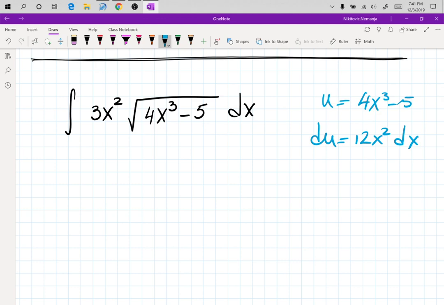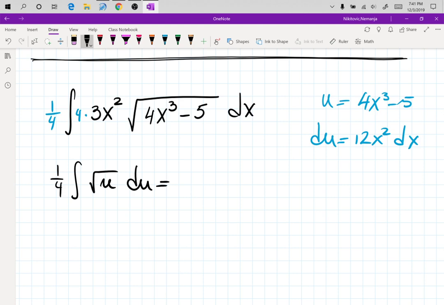I don't have 12, so I have to fix it. So it's going to be a quarter times 4 right there to make it 12. So now I have 1/4 integral, and I have square root of u du.